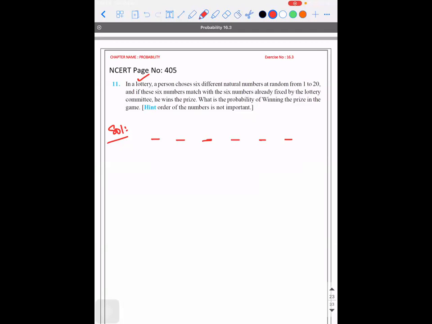So what are the total number of ways to choose 6 numbers from 20 numbers? Can I write it as 20C6?